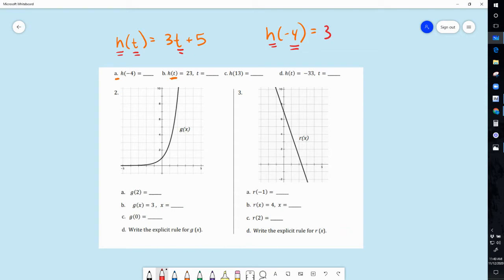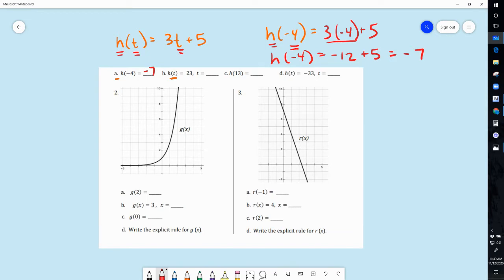So we're going to say 3 times -4, plus 5. So h of -4 equals -12 plus 5, which equals -7. So that means right here we would put the answer as -7.